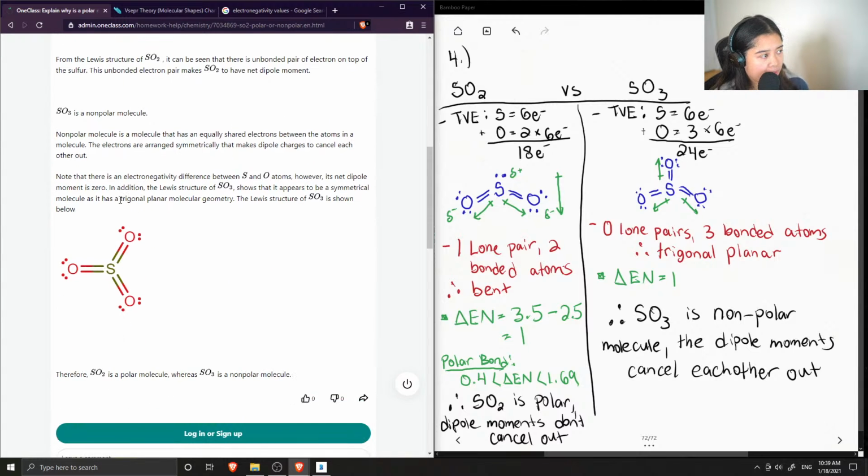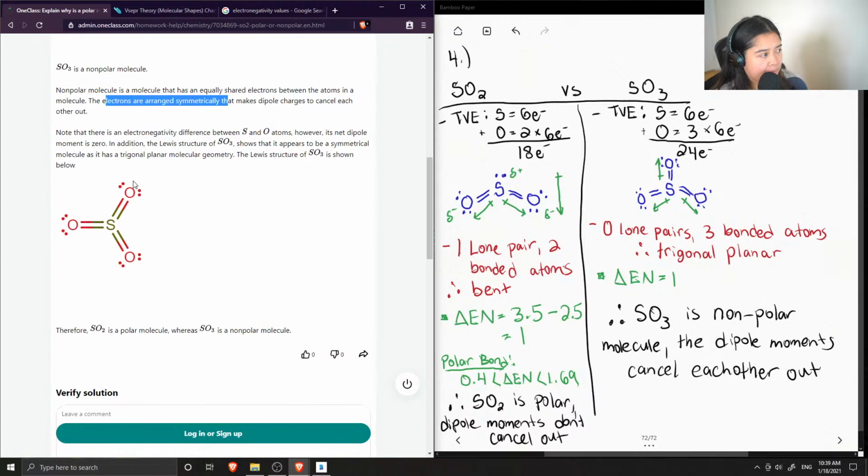For SO3, it is nonpolar. It has equally shared electrons between the atoms in a molecule. Not really, they still have an unequal share of electrons. It's just that they are arranged symmetrically that makes the dipole charges cancel each other out.